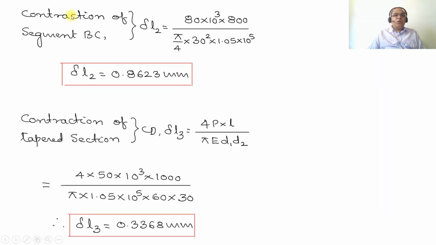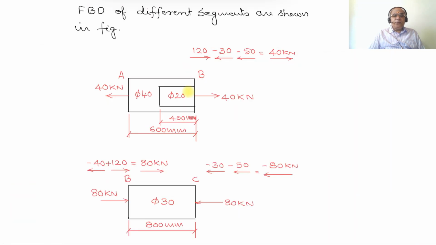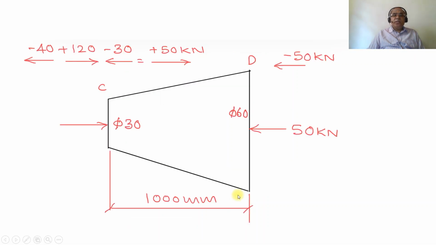Now we go for the contraction of the segment, delta L2. What is the contraction of the segment delta L2? That is P into L2 by A2 into E. Since it is a uniform bar section, delta L2 is nothing but P, which is 80 kilonewton, 80 into 10 to the power of 3, into length 800, divided by A, which is pi by 4 into 30 square, into 1.05 into 10 to the power of 5.